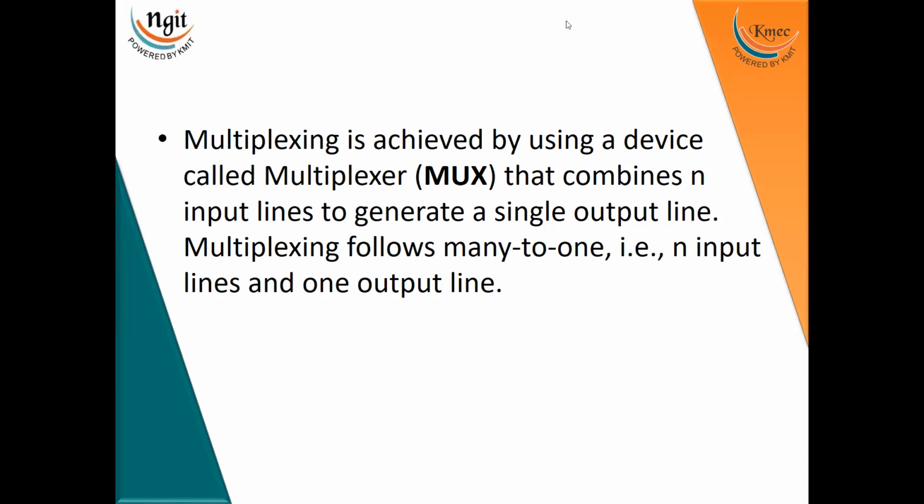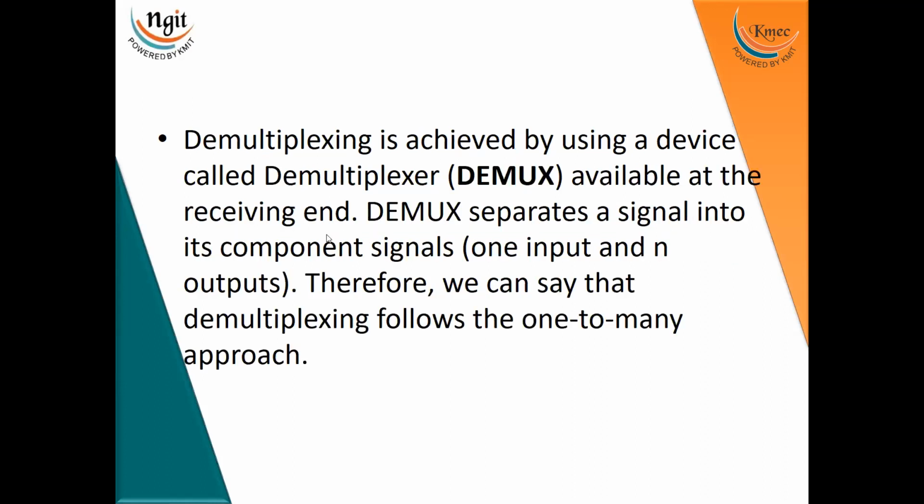The hardware used for multiplexing is known as the multiplexer, and here we have n input lines. To make the n input lines into a single output line, we use this multiplexing concept.